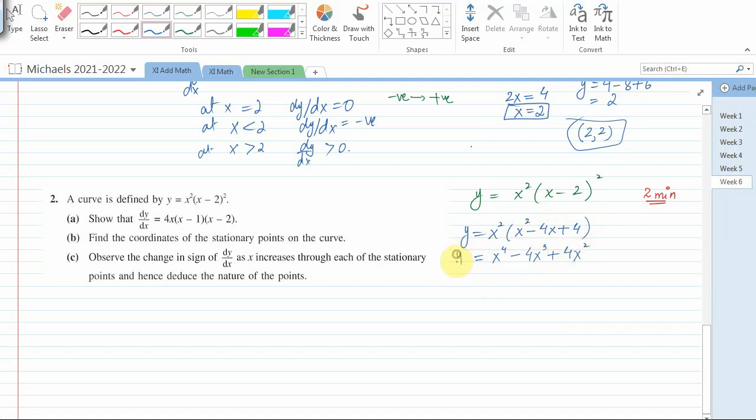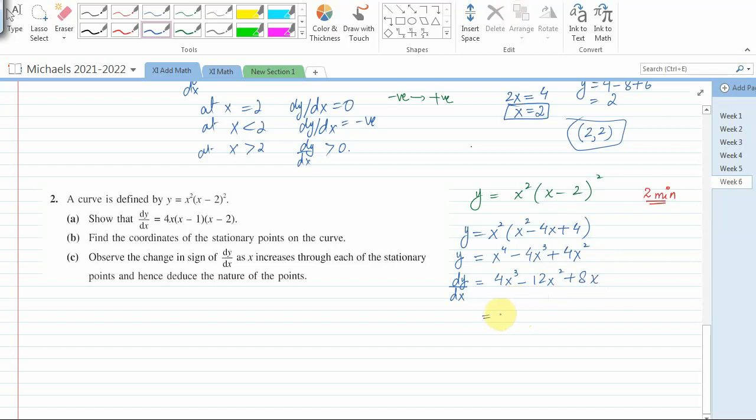So that is y. After that I can find dy over dx, it equals 4x cubed minus 12x squared plus 8x, right?